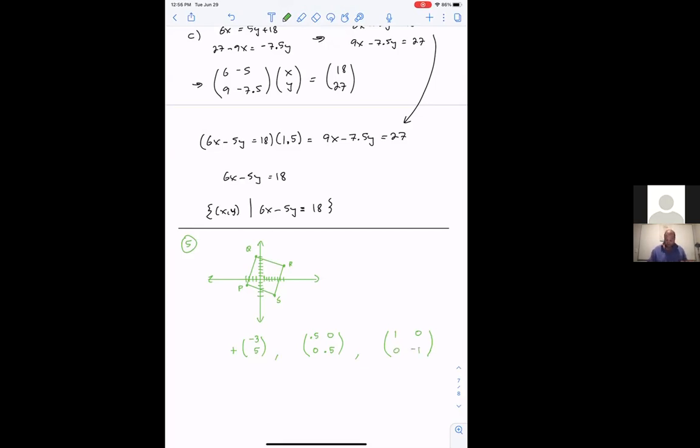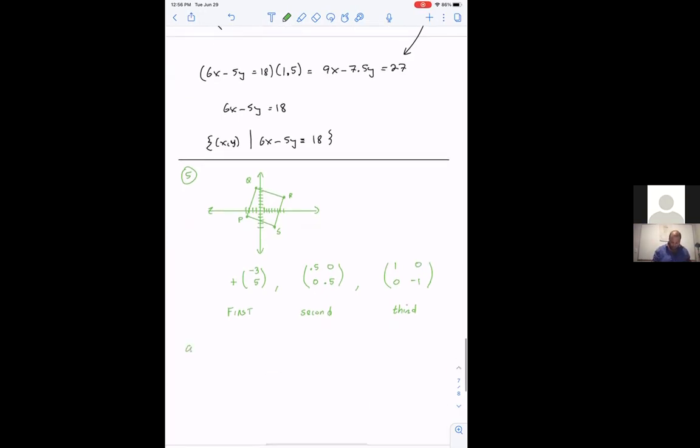So we have these three done left to right. Notice I put commas in between because first we do this one, second we do this one, and third we do this one. But when you write it as a matrix problem, remember that the first thing is on the right, then you go further to the left.